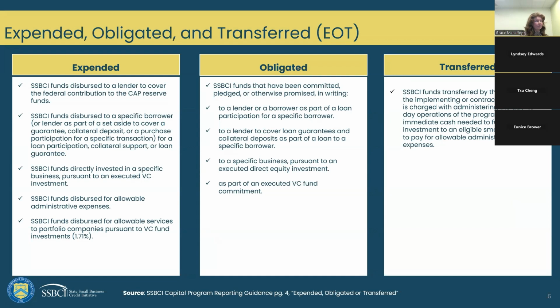Starting on the left side, for expanded: for a transaction to be considered expanded, SSBCI funds must be disbursed to a specific borrower in a direct lending transaction, disbursed to a lender as part of a set aside to cover a loan guarantee, collateral deposit, or purchase participation for a specific transaction that has closed.